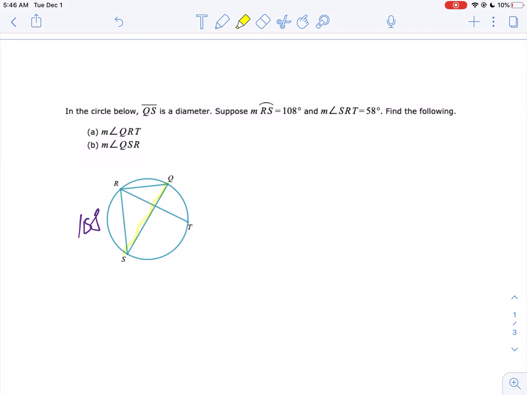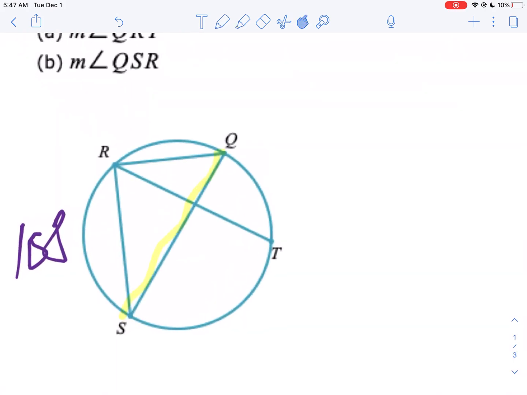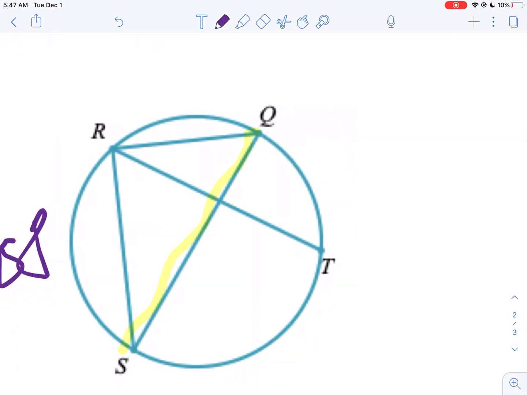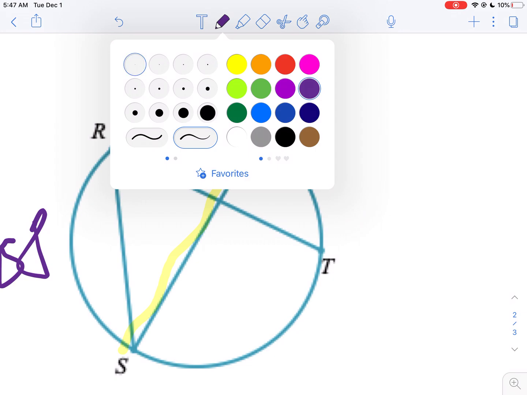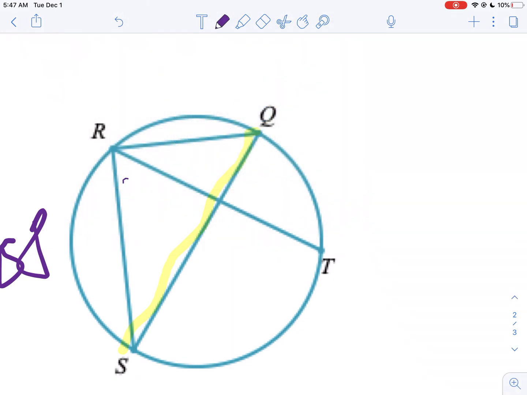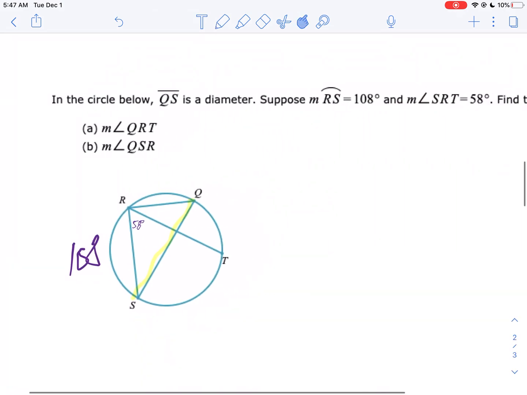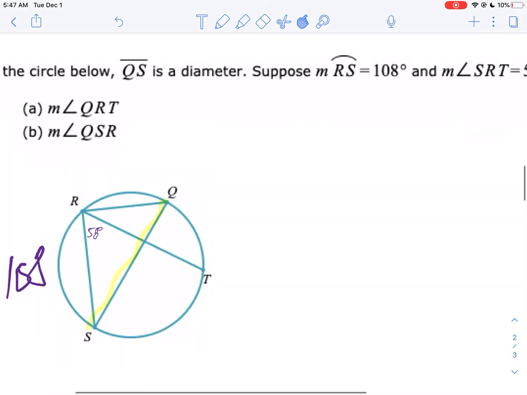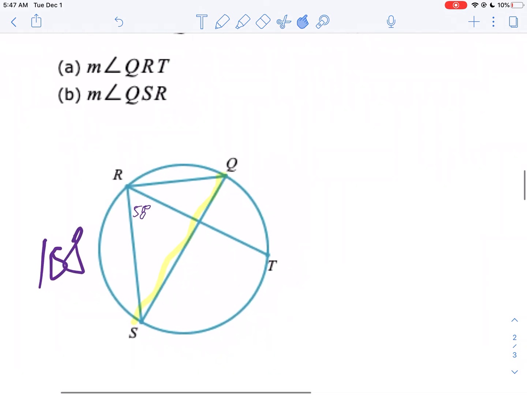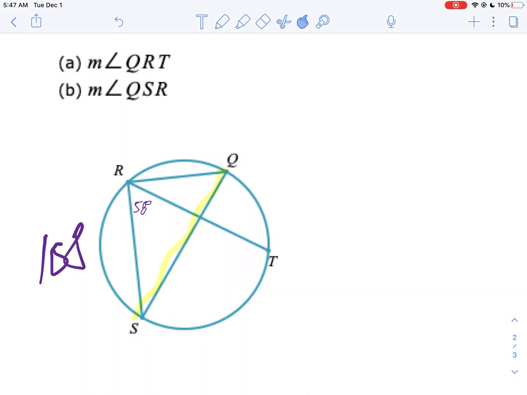We're told angle SRT is 58 degrees. So I'm going to blow that up here and write that in a little bit smaller. And then we know, do we know anything else? Oh, we want to find QRT. So angle Q to R to T.